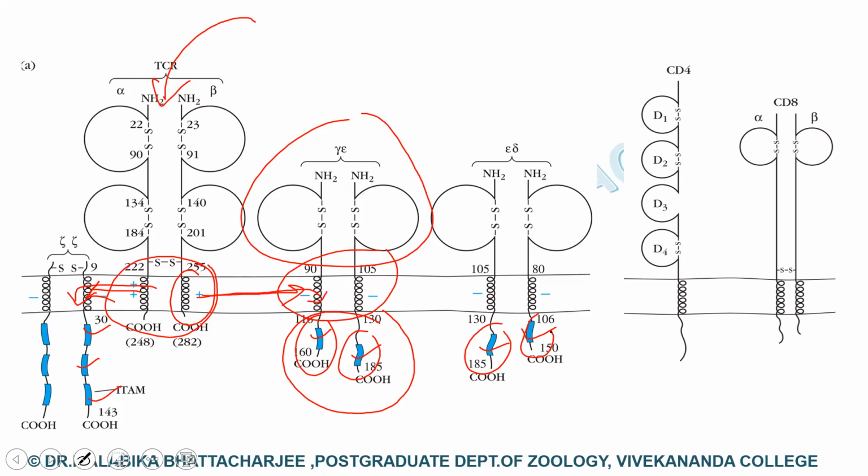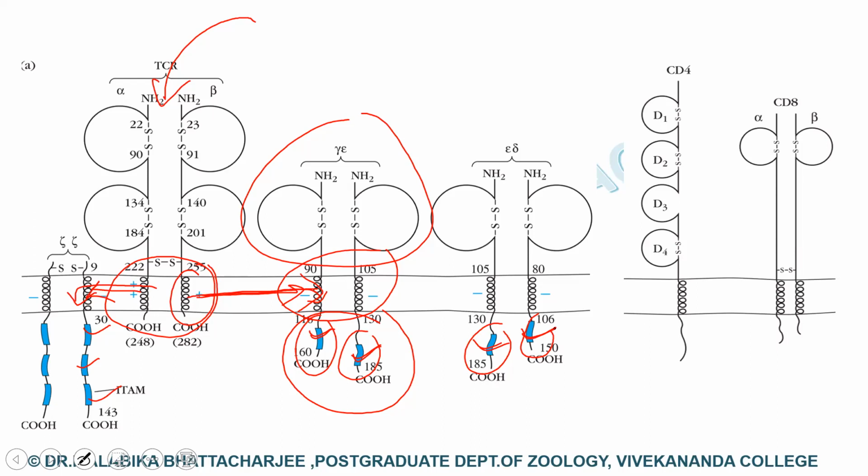So the moment signaling starts, the positively charged amino acids send the message to the negatively charged amino acids, and the tyrosine residues in the cytoplasmic tails of the CD3 molecules are phosphorylated, and they start recruiting other signal transducers so that the signaling cascade can proceed downstream from the cytoplasm into the nucleus.